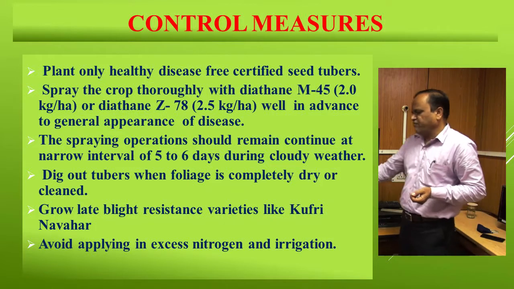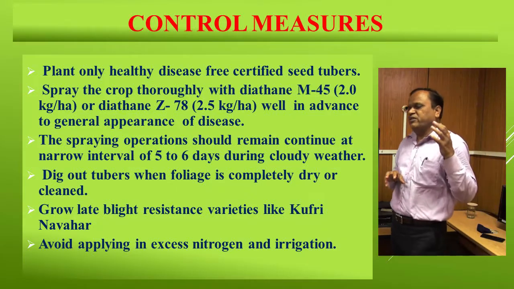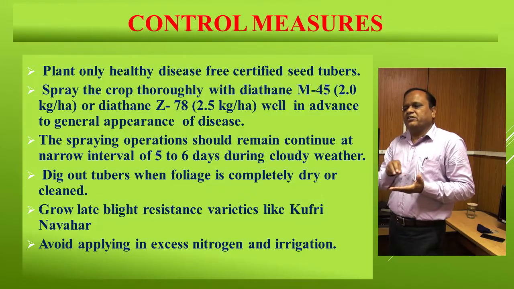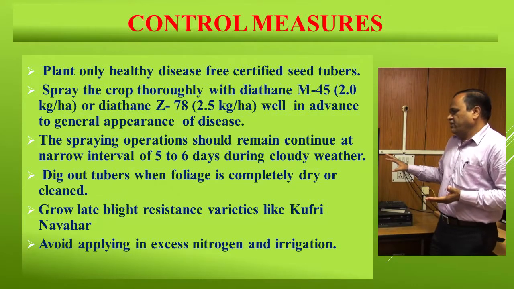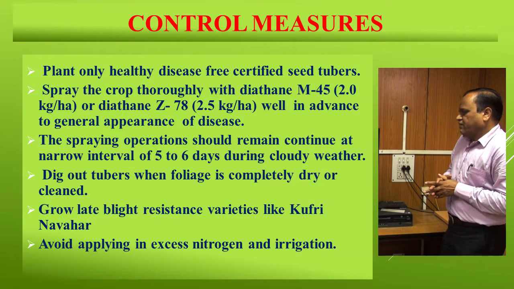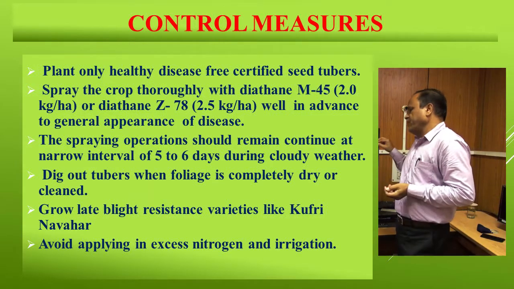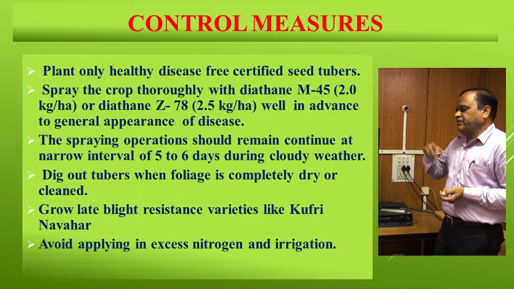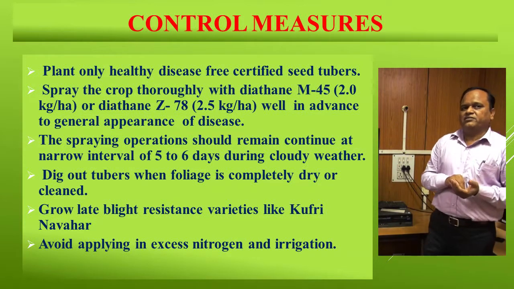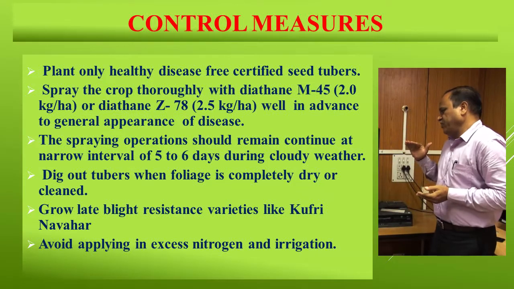Grow late blight resistant varieties. It is always advisable that farmers grow varieties which are resistant to late blight, like Kufri Navtej. Avoid applying excess nitrogen and irrigation. When you find that there is cloudy weather, you should avoid the top dressing of nitrogen fertilizer like urea and avoid giving irrigation.